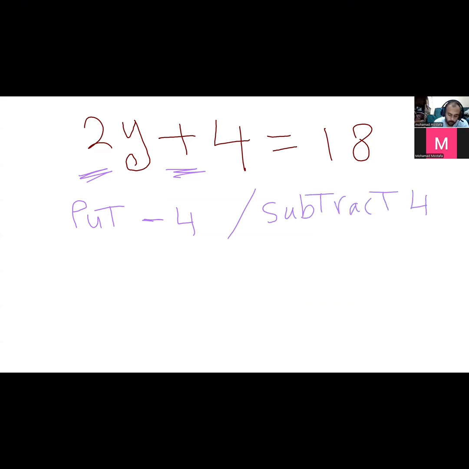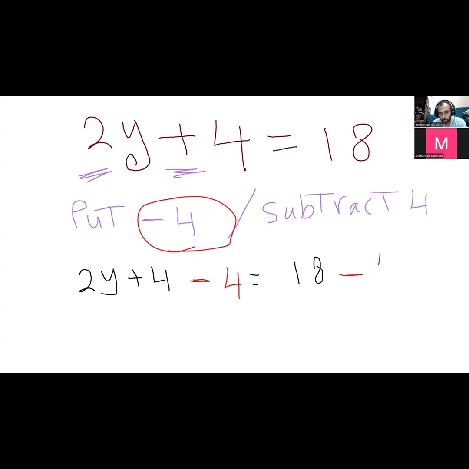So write first 2y plus 4, and leave some space, and then equals 18. I will put what? Minus 4. So here minus 4 and here minus 4. So 2y equals 18 minus 4, which is 14. This is the first step.